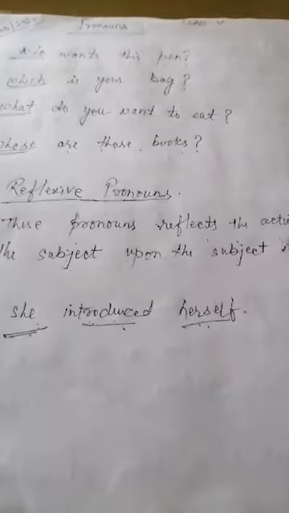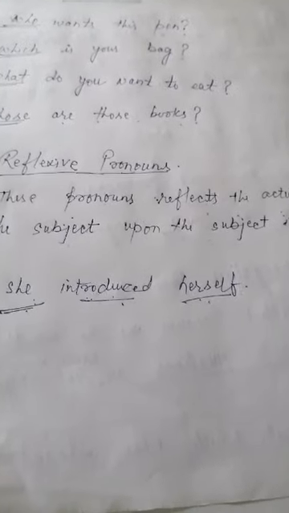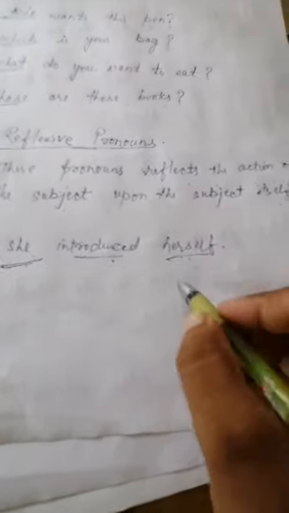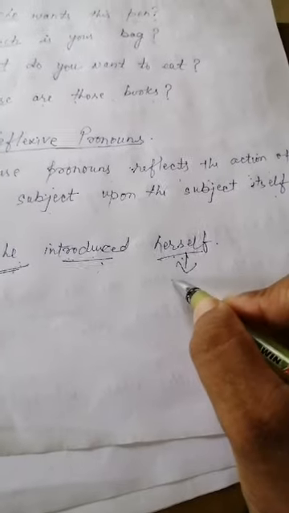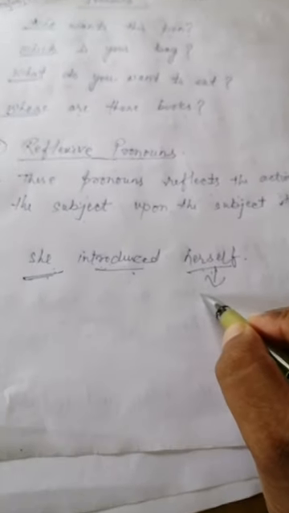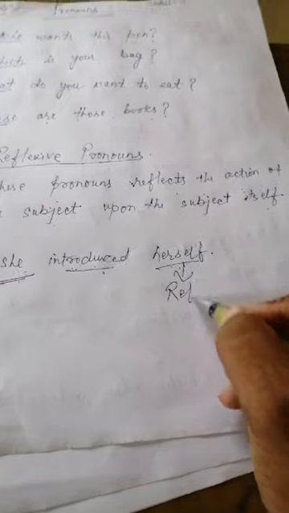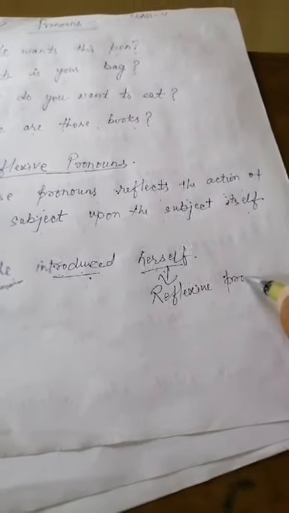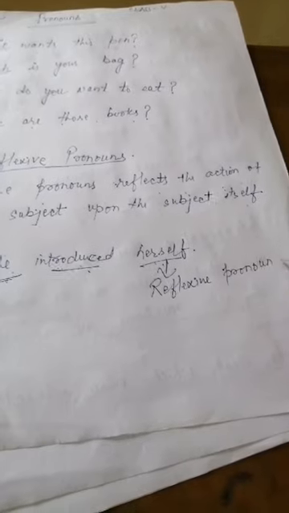So we can say that the action of the subject is reflected upon the subject itself. So here herself is your reflexive pronoun. Now you understand it?